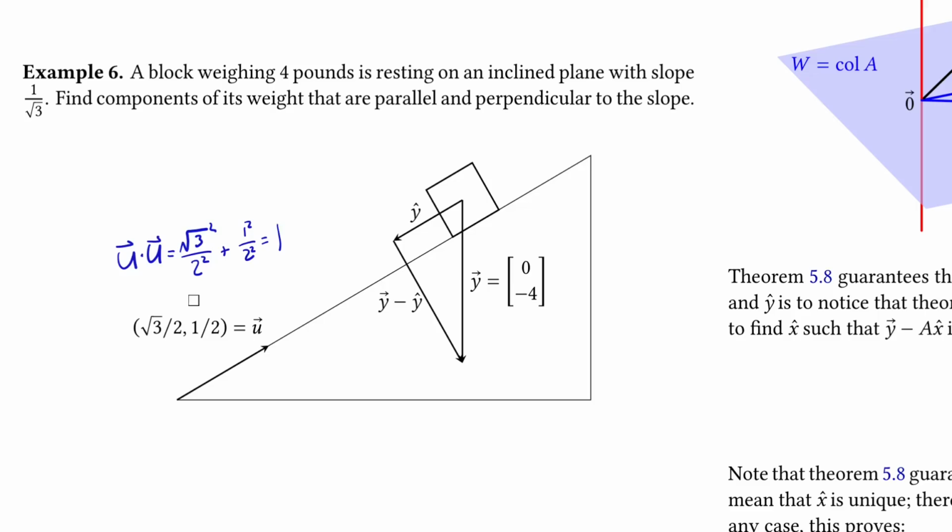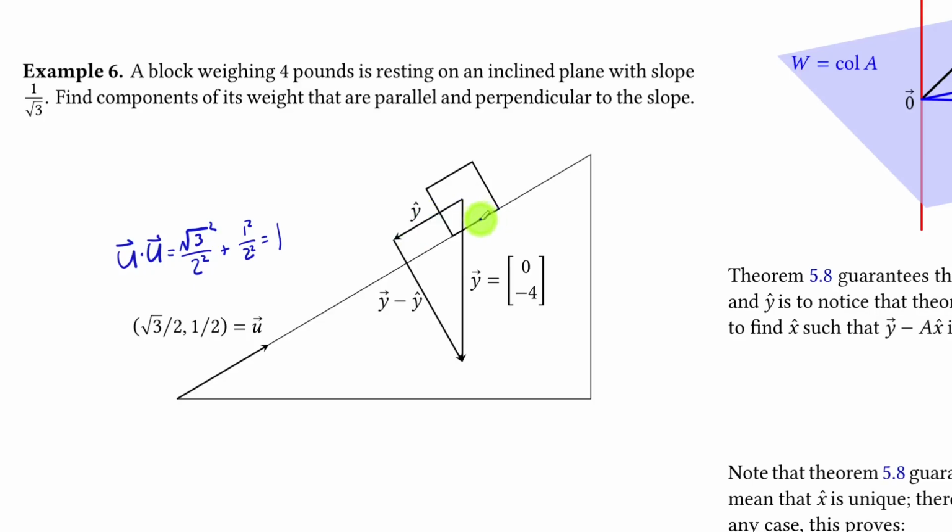And we want to find the components of the weight of the block that are parallel to the slope. Notice the slope is the span of u. And also the part of the weight that is perpendicular to the slope. These are things you might need to know if you're doing physics or engineering. You want to know how much force of friction is being applied to it and how hard the surface itself is pushing back up.